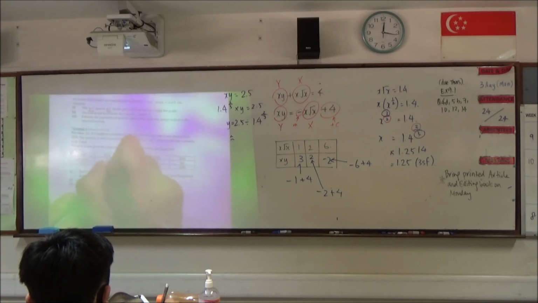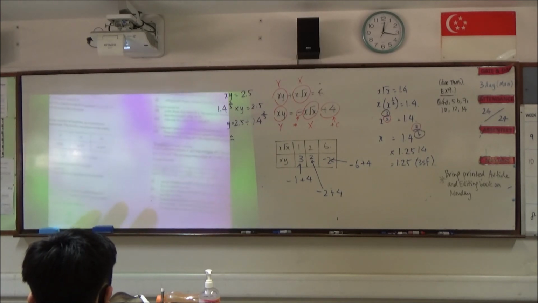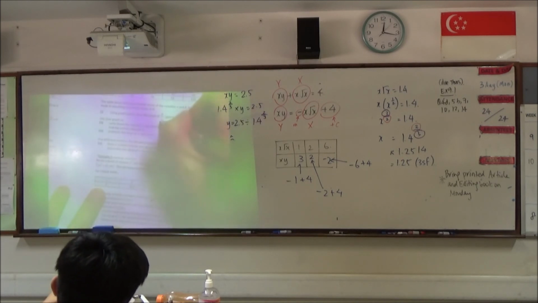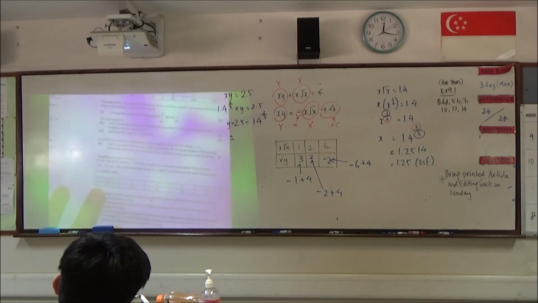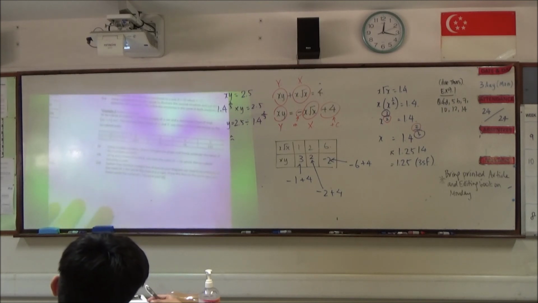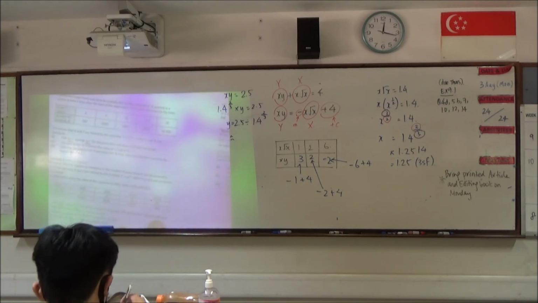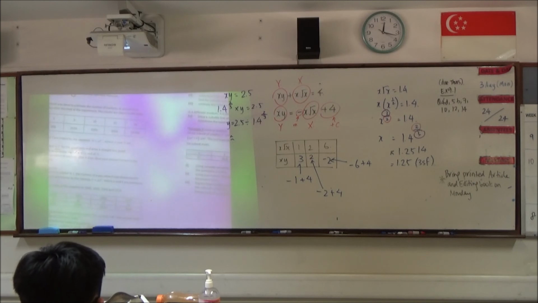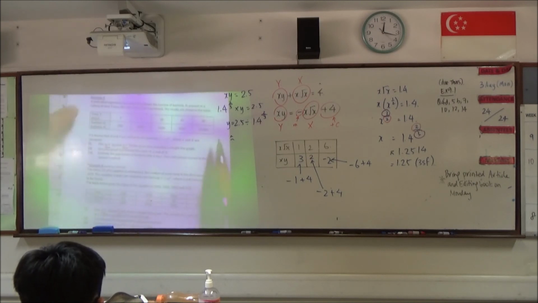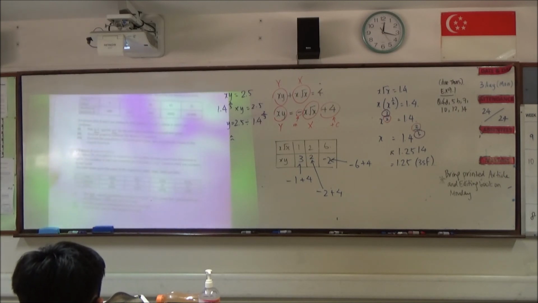For example 3, I need you to have a table of values for log b and t. Example 4, Rb and small b. And example 5, no need to do. Example 5 you will do together. So just draw for me the table of values that corresponds to what the question wants.